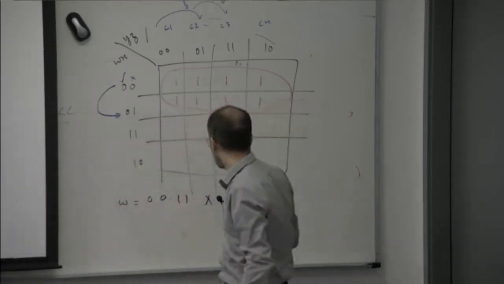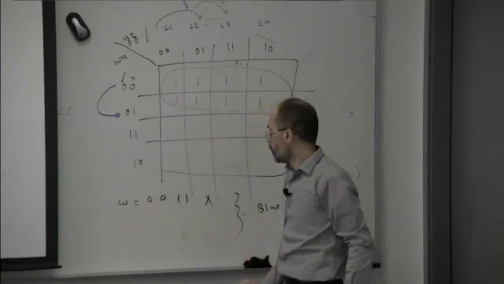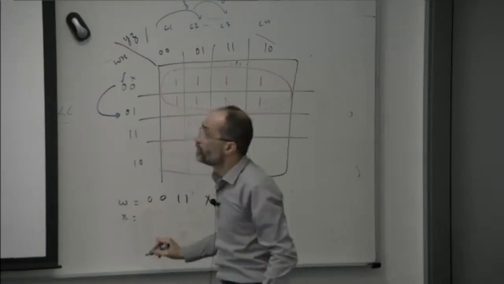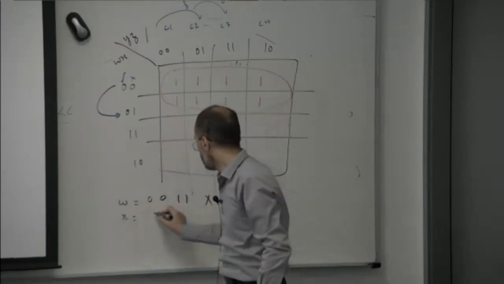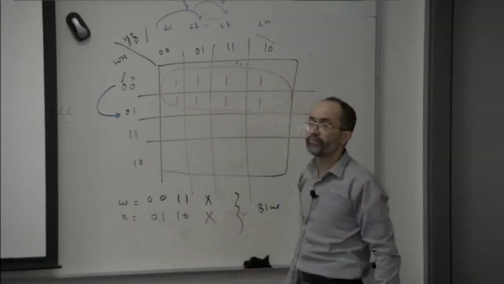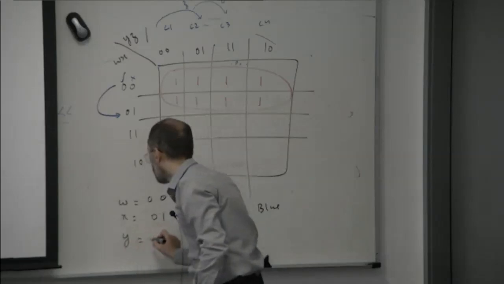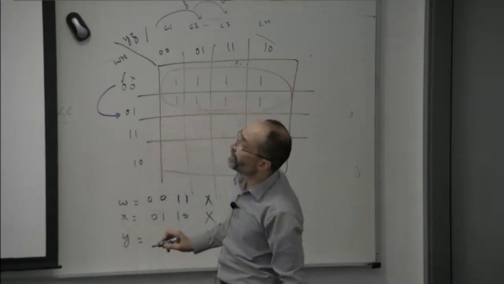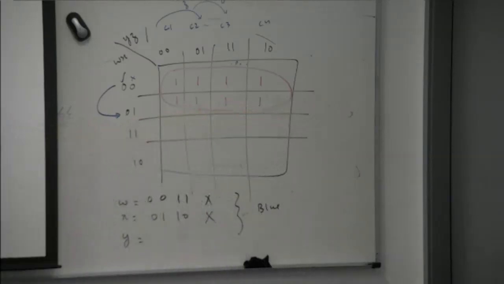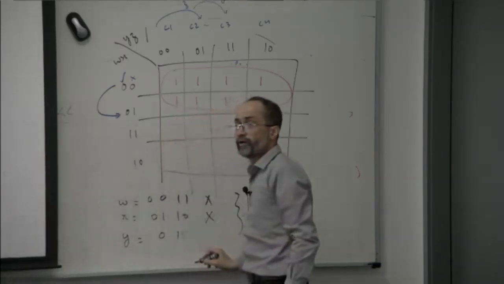Now for the blue one, what is the value of X? 0, 1, 1, 0. Changing? Do not include it. What is the value of Y? In the first it is 0, and then it becomes 1. 0 and 1. Should we include it? No.